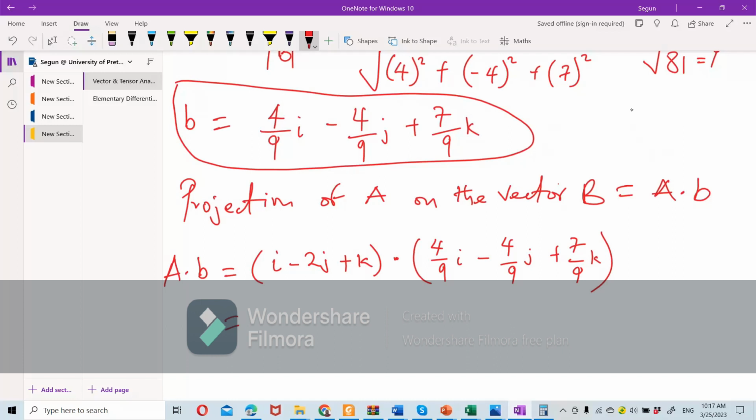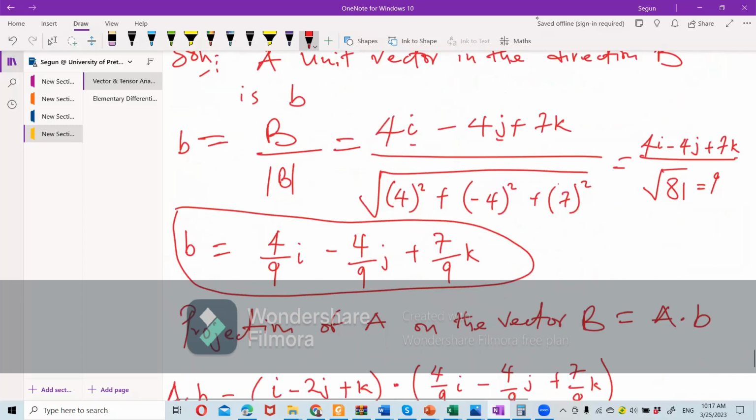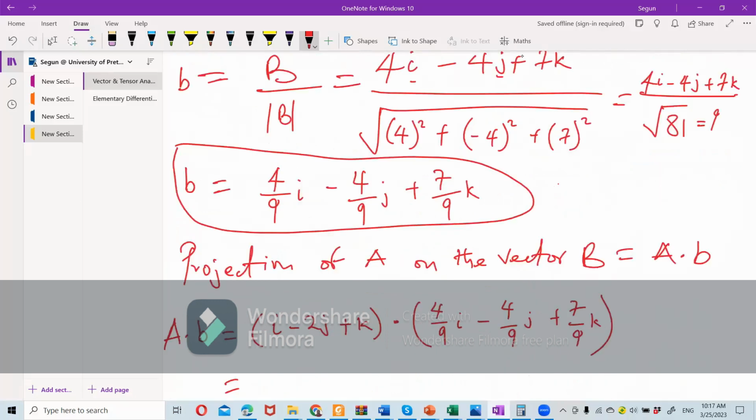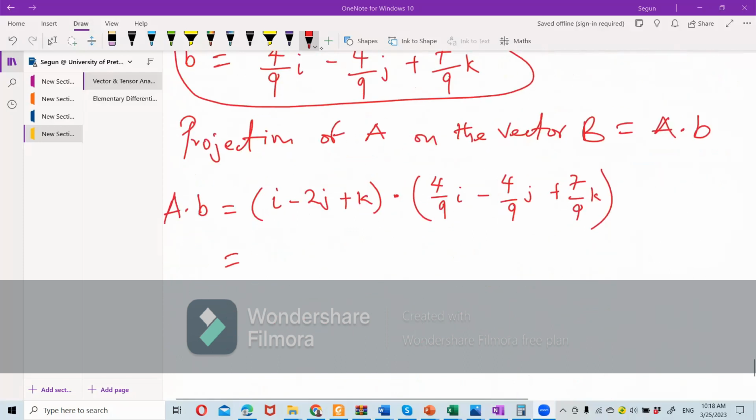Anybody? What's the coefficient there? Are we together?